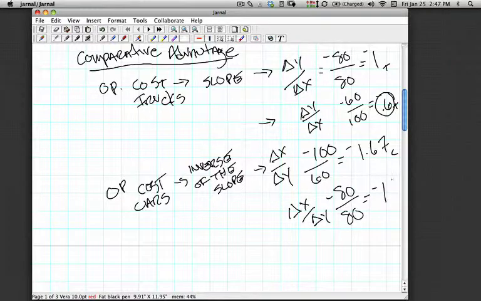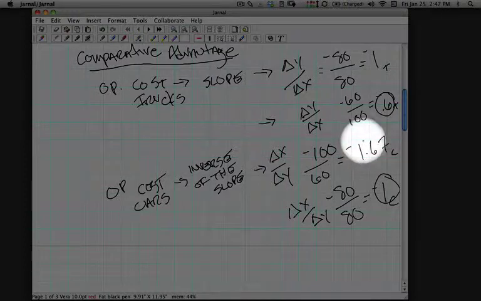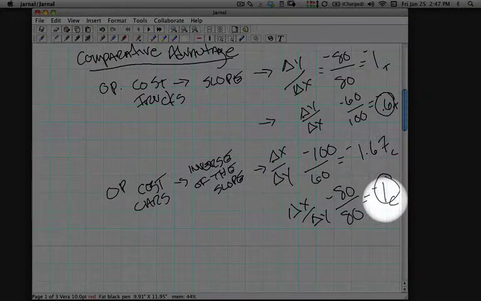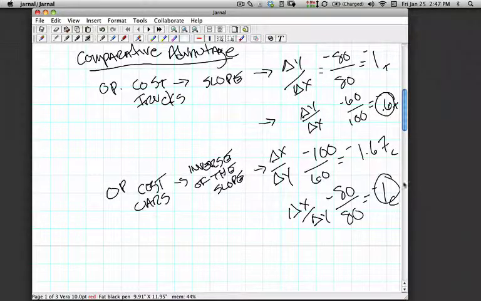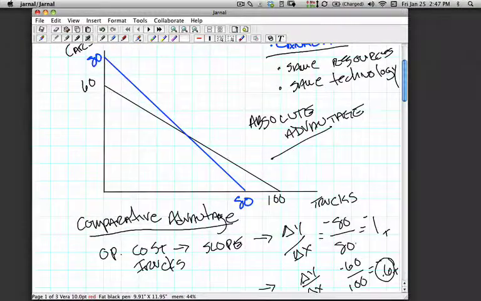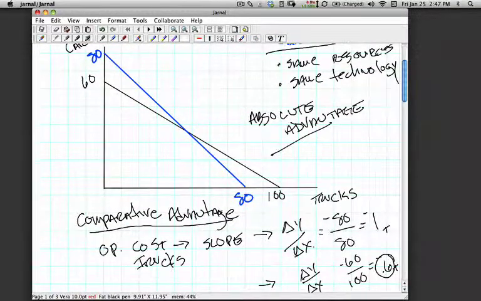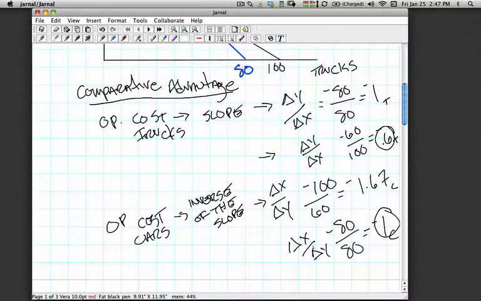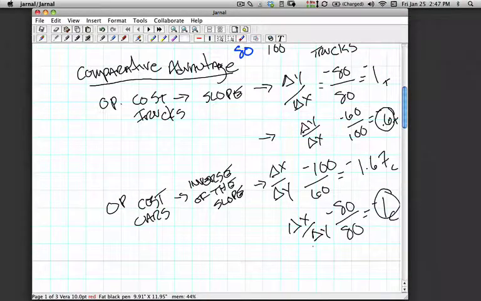In this case, the lower number represents the lowest opportunity cost. For Canada, it costs them fewer cars to make a truck than the United States. Because for the United States, they have to spend 1.67 trucks to make a car. For Canada, it's only 1. And so, in comparison to the United States, it's cheaper for Canada to manufacture cars. Excuse me, it costs them less, and therefore they have an advantage in comparison to the United States.